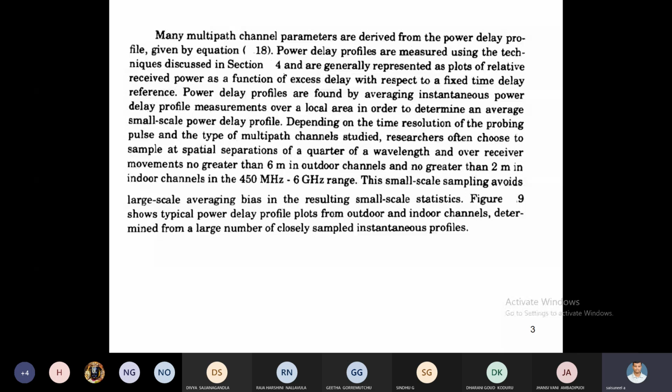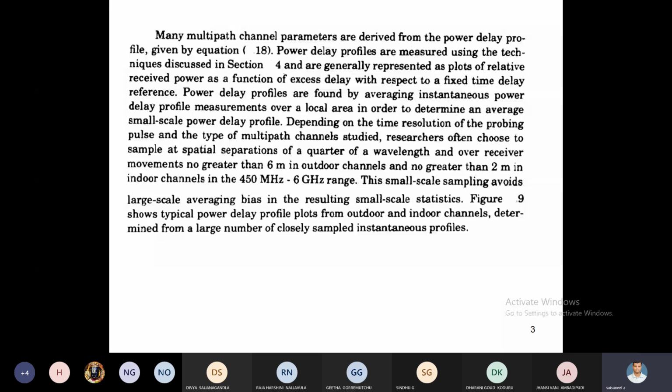Generally, the power delay profile is calculated as the average power from all paths. There are a number of paths from base station to mobile station, that is transmitter to receiver. We take the power of all paths and calculate the average. Finally, we get the power delay profile.